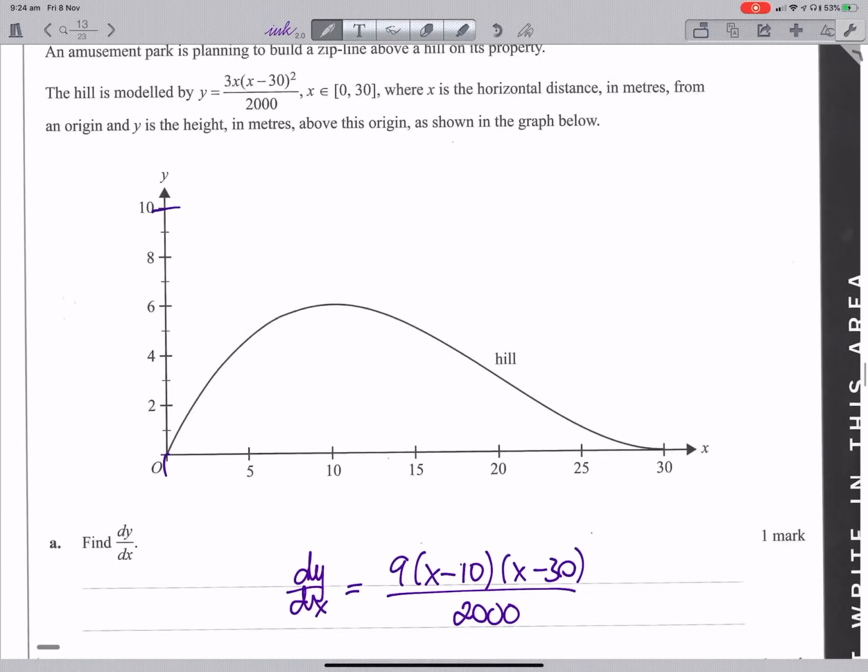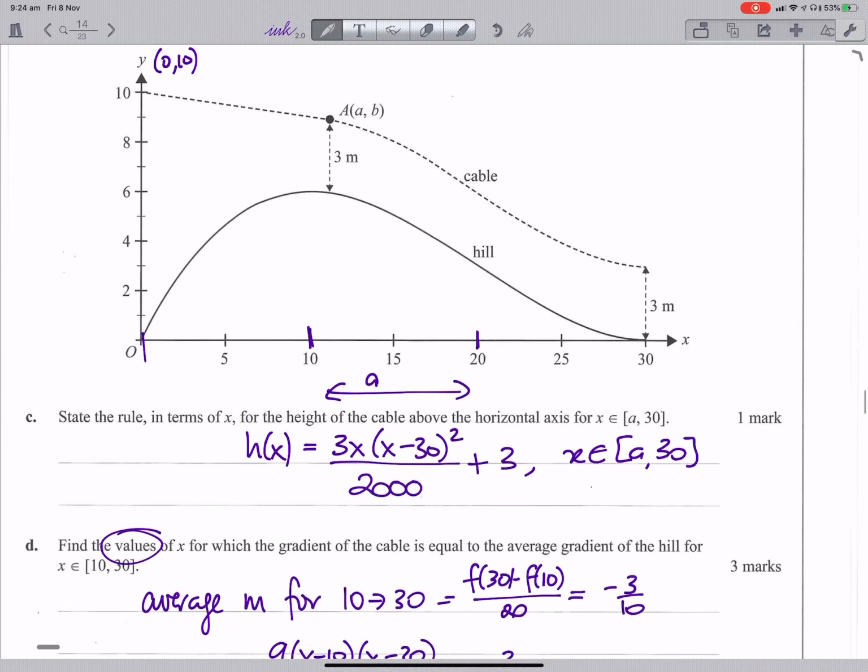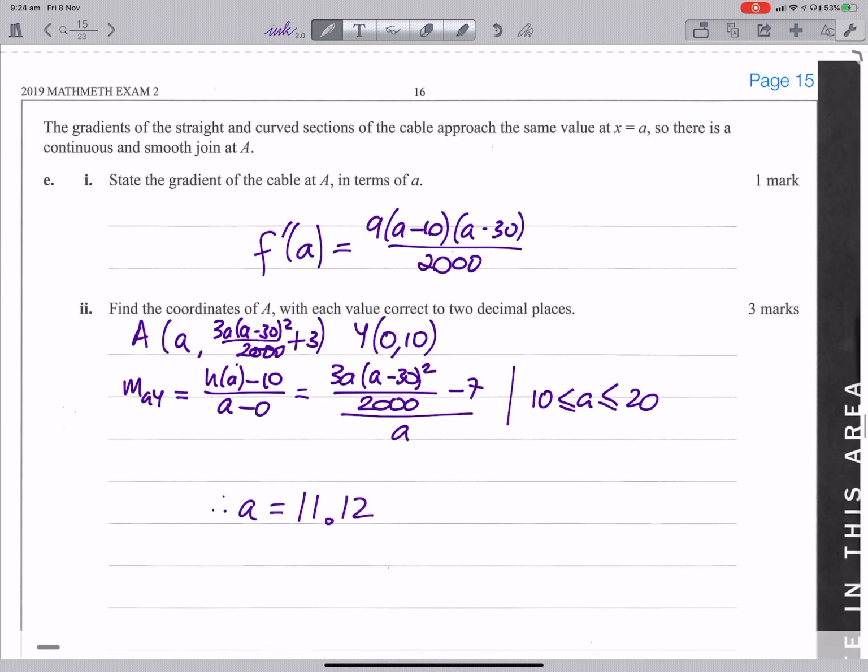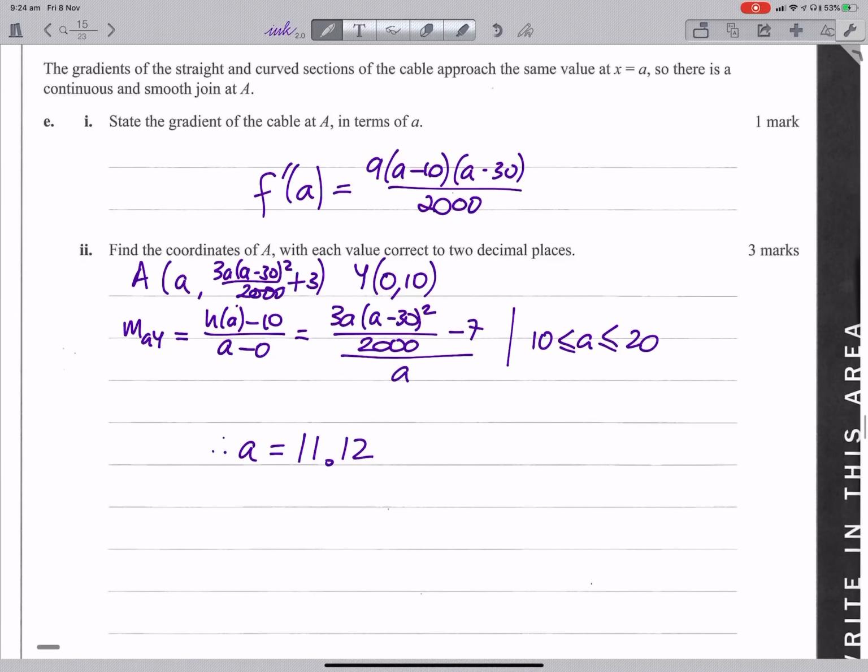Did they call it B? So A is 11.12, and B is 8.95. So hopefully that's right.